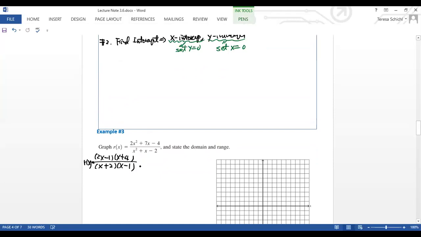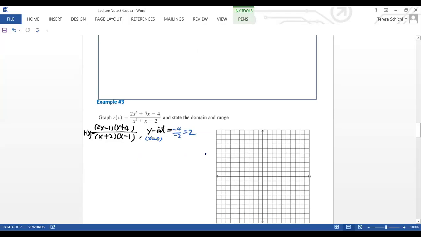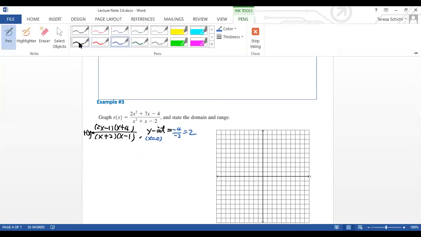Okay, the y-intercept. Y-intercept is when you set x equal to 0. So you put x equal to 0 here. What is that? It's -4 over -2, so it's 2. Good job. Now let's make the graph a little bit bigger.